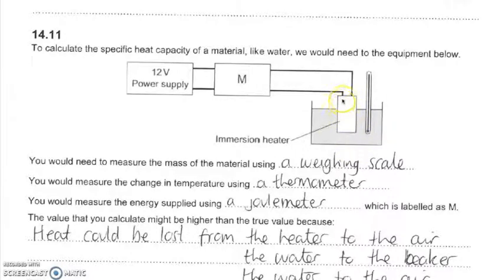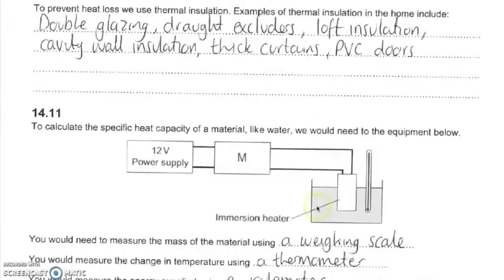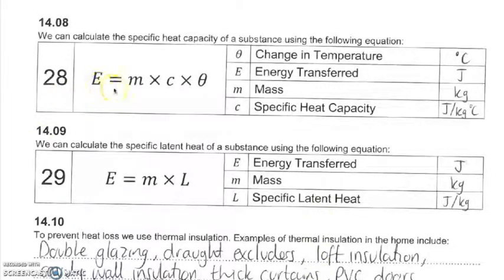Now the immersion heater will be connected to a joule meter, which is labeled M here, and that joule meter is going to be the energy transferred. So if we're going to describe this, you need to record the mass of the material that you're measuring the specific heat capacity of. You're going to record the initial temperature once you've turned your immersion heater on.